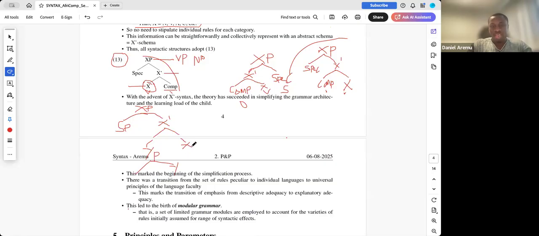So it's final over final. It means the dominating head is head final, and that must also dominate a head final construction.